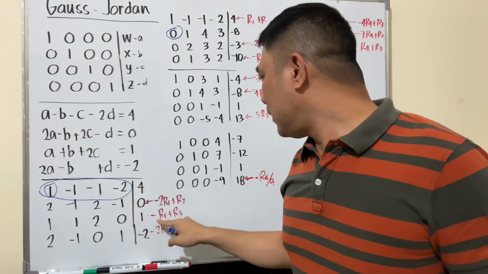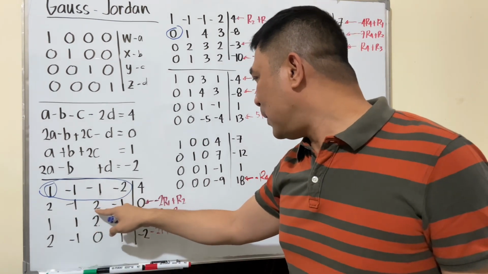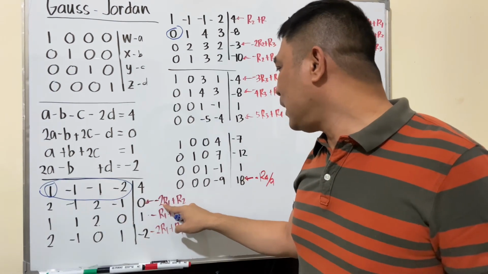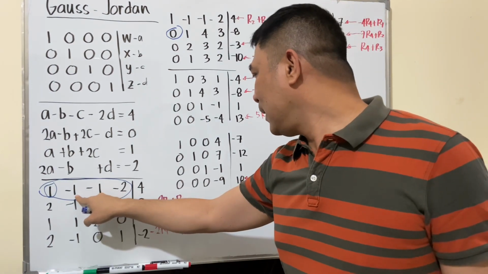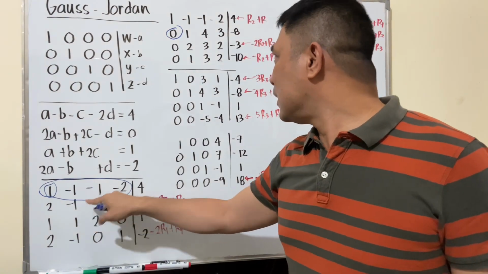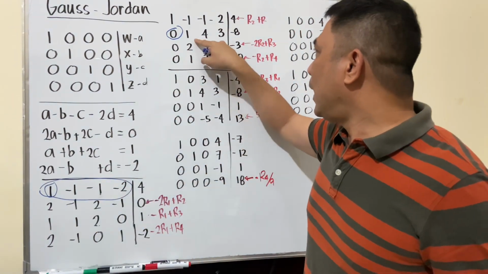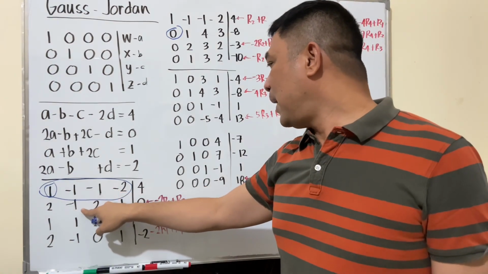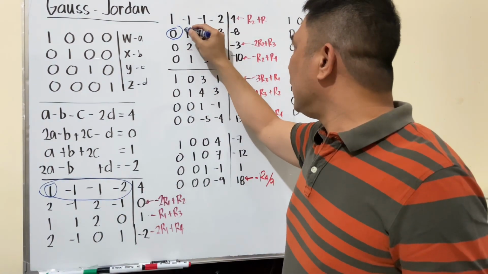Let's do it one by one. -2 times -1, plus R2, which is -1, so that makes it 1 here. -2 times -1 is +2, minus 1, that is 1 here.